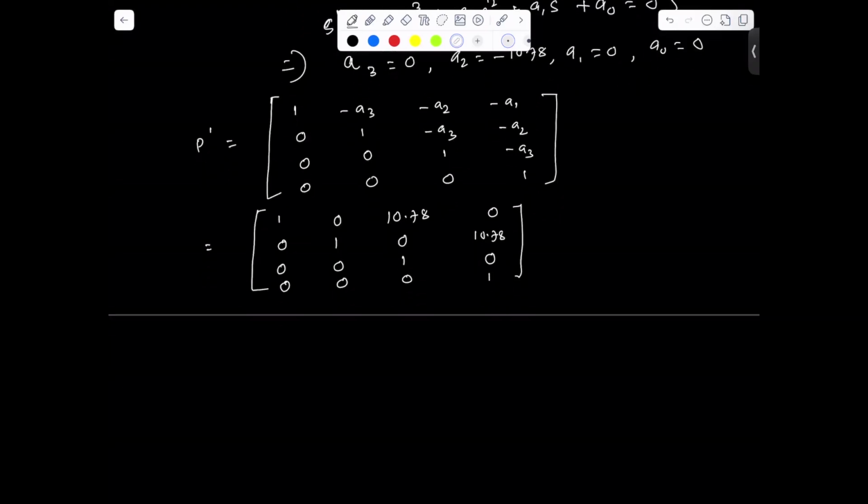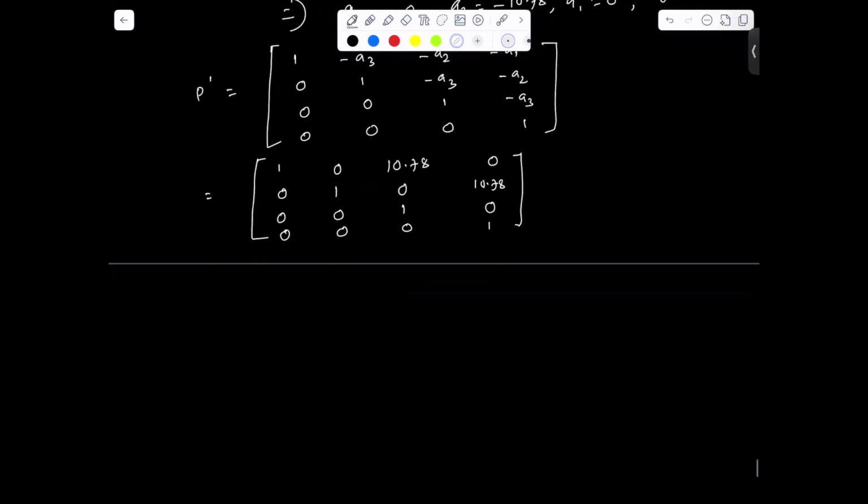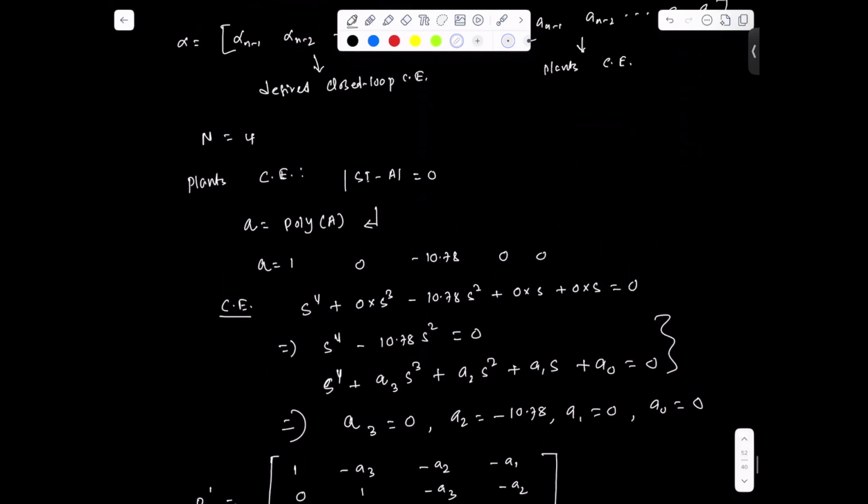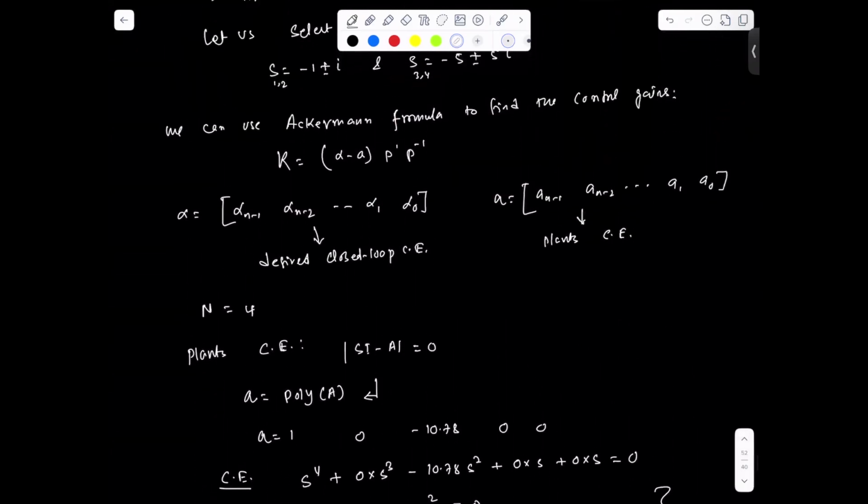Now we also need to find the P dash inverse, because in the gain matrix we have this expression. We have found A, and P dash we have found. Now we have to find P dash inverse.